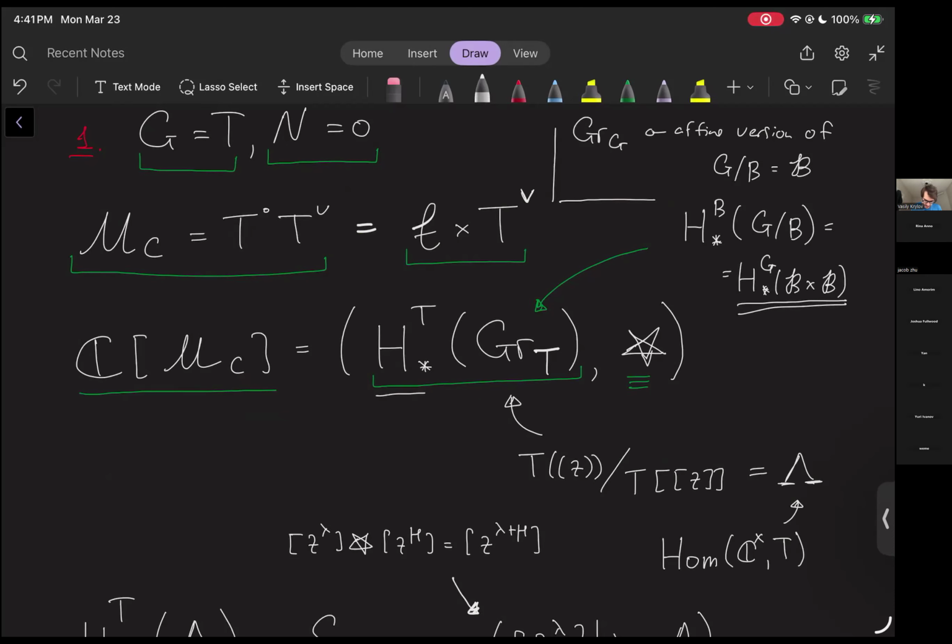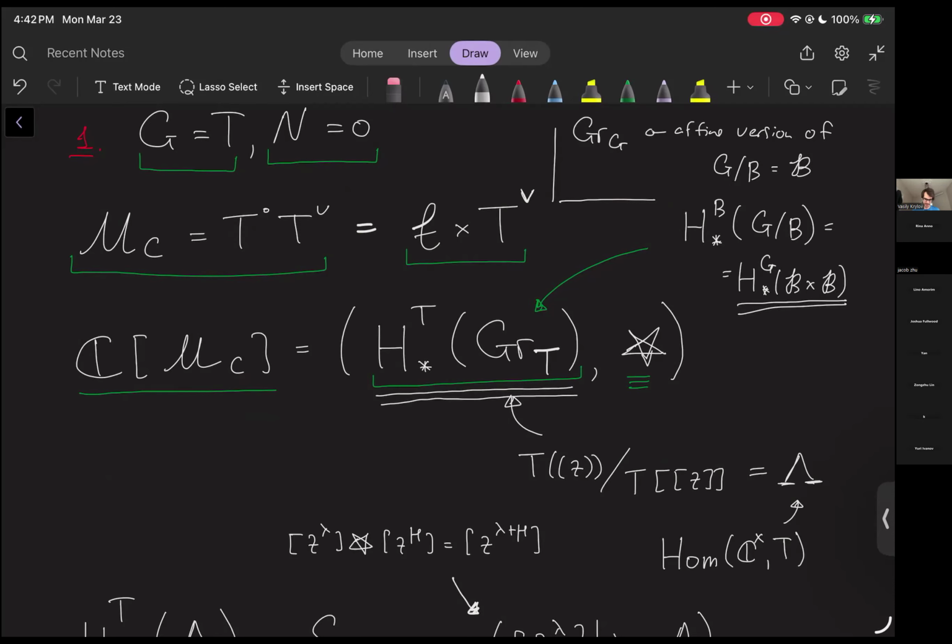And about this story, one should think very similarly. But I will say how this convolution works explicitly in this example of the affine Grassmannian of a torus, because it's very, very explicit. And then I will explain how to extract this convolution product for an arbitrary Coulomb branch from this simplest possible example. So here T can be any dimension torus.